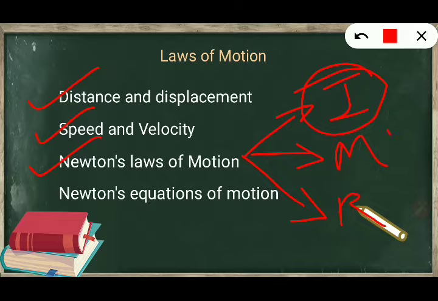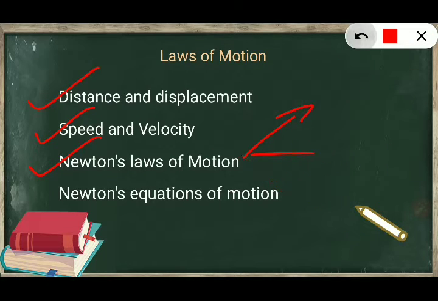What about the law of momentum, or second law of motion? The rate of change of momentum is directly proportional to the force, and the change of momentum is in the direction of the applied force. Third is the law of reaction. Everybody knows, for every action there is an equal and opposite reaction.